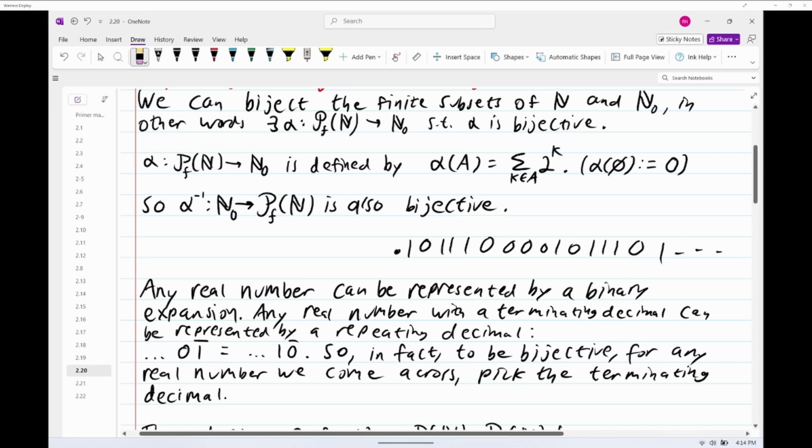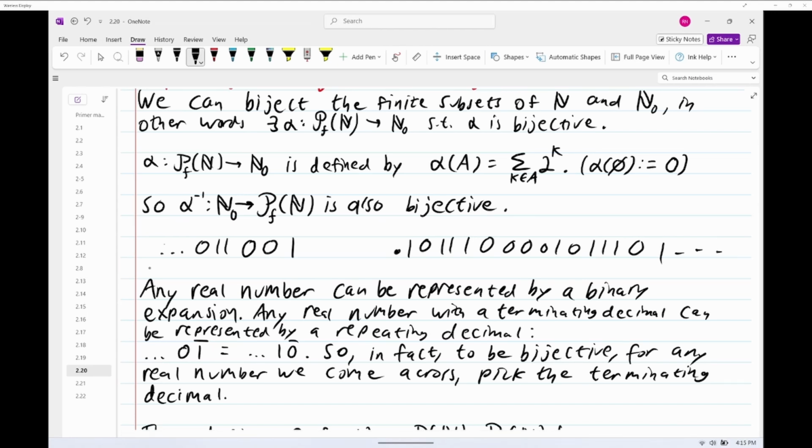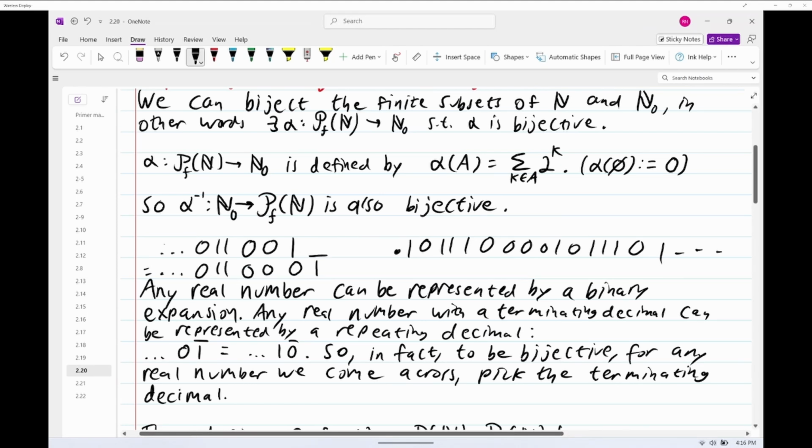For instance, if my pen worked, I would be able to show you something. Okay, so if we have some binary expansion that ends in like 0, 1, 0, 0, 0, 1, and then it terminates there, this is equal to that same thing, 0, 1, 1, 0, 0, 0, and then repeating ones.